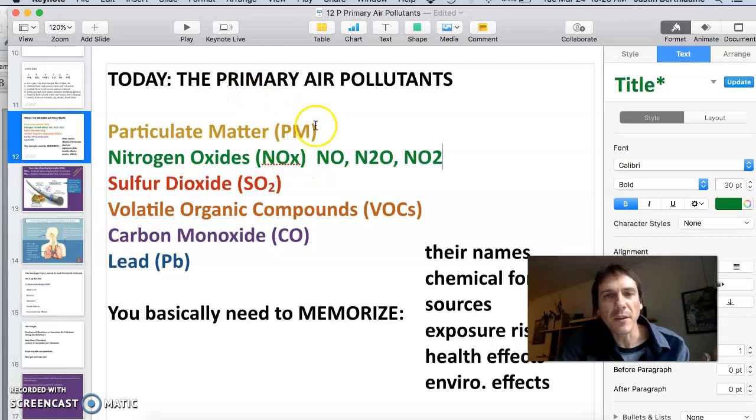Let me see if I can remember this. NO is nitric oxide. N2O is nitrous oxide. And NO2 is, anyone? Nitrogen dioxide.